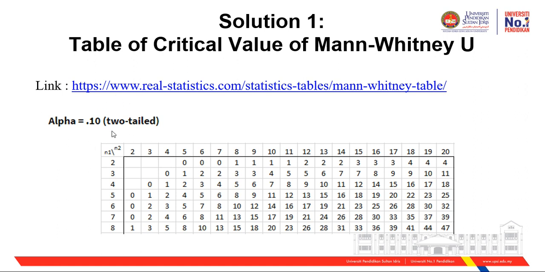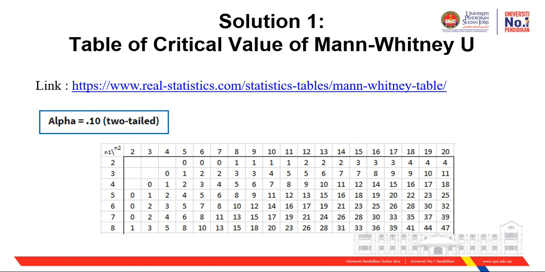That's why here is the two tail. From the question we know that alpha is 0.1. So this is important. First thing first, you need to use a table with alpha 0.1, because in this link we have several types of alpha, some of it 0.05, 0.005, 0.0005, something like that. So make sure you choose the right alpha.